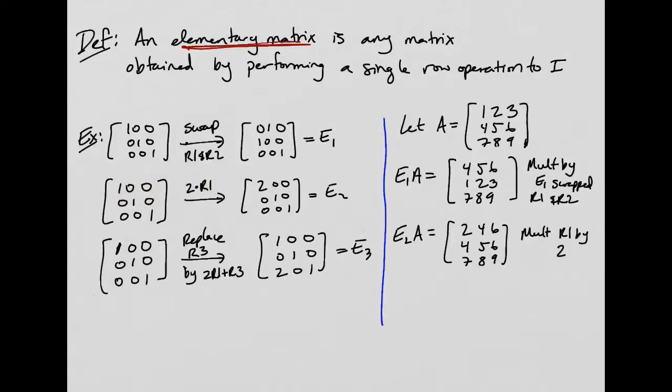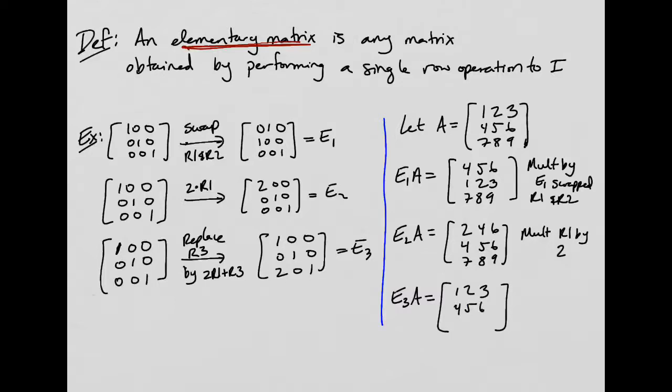So there's something really interesting going on here. And let's do the last one. If I do E3 times A, well, maybe you can guess what's going to happen here. Because each of these products that I did, I ended up doing the row operation associated to these elementary matrices. And the same thing will happen here. When I do this product, what will end up happening is I'm going to replace row 3 with 2 times row 1 plus row 3.